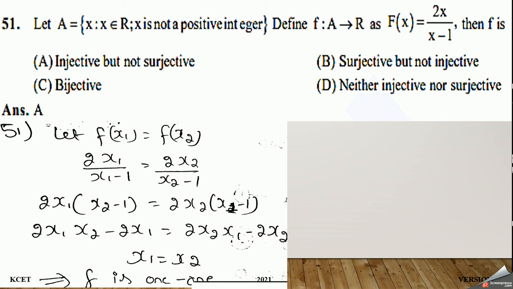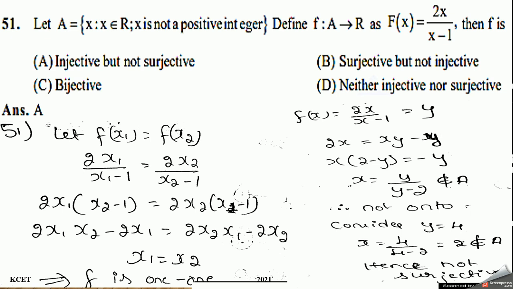Okay, so it is injective means option B is not there, and option D is also not there. Either it has to be A and C if it satisfies surjective. If not, option A is the answer. Let me check whether it is onto. Let me consider f of x as y. Replace f of x by 2x by x minus 1.